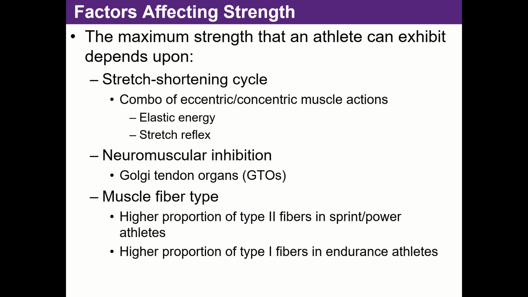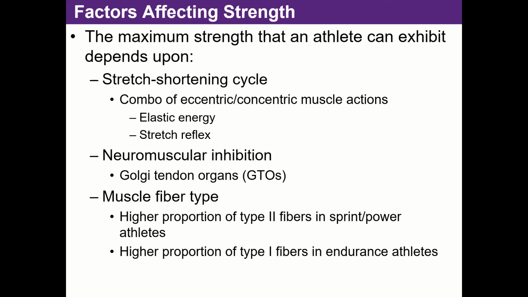It's not much. So if you are genetically gifted with a higher proportion of type 2 fibers, you can get larger, you can get stronger, and you can get faster really easily. But you're not going to have the best endurance. On the other hand, if you are an elite endurance athlete, an elite marathoner, an elite cyclist, you probably have a higher proportion of type 1 fibers.